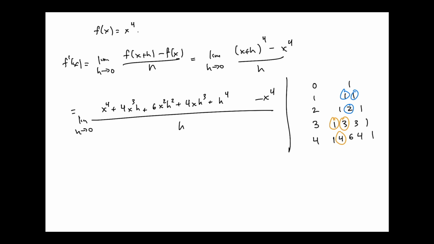And all the other terms that I get when I FOIL have h's in them. So the one term that doesn't have an h gets canceled, and everybody left has an h in it, which means the next step, what can I do? I can factor out an h, and then the step after that, I'll cancel it.